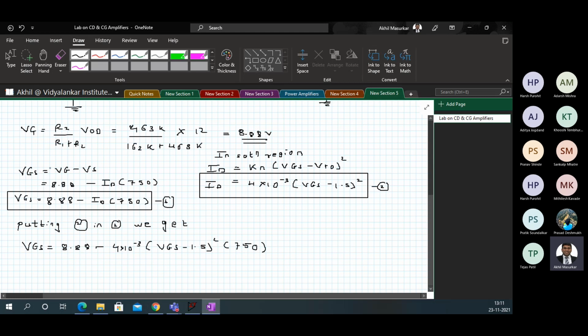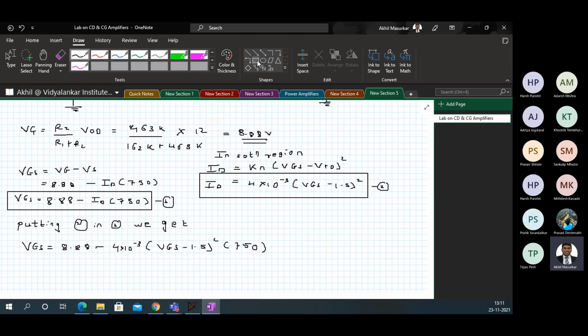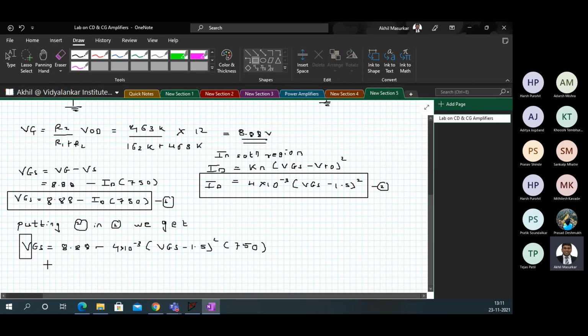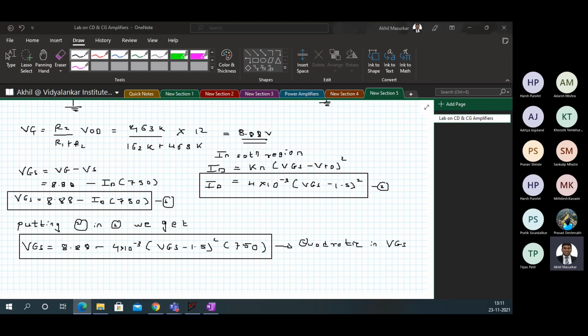So the only unknown is VGS. So solve the quadratic equation and calculate. Give me two values of VGS. This is a quadratic in VGS. So what is the value of VGS?